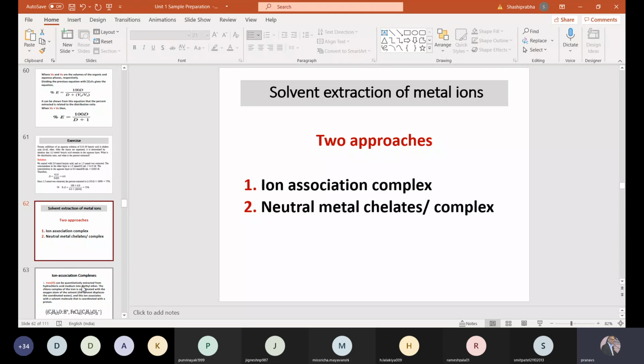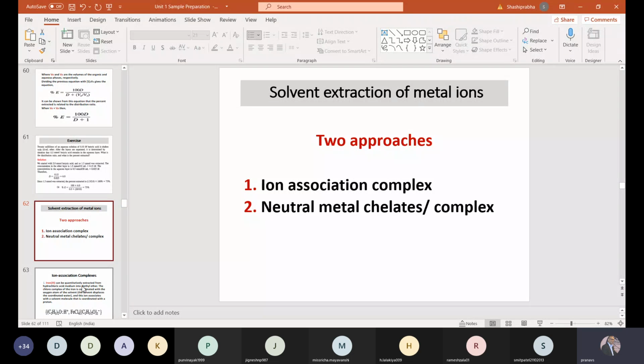This is one approach which may not be widely used, but there are certain very well-known examples of ion association complexes whereby metal ions can be extracted in the organic phase. But the most widely used, versatile approach is chelate formation, a neutral chelate formation.